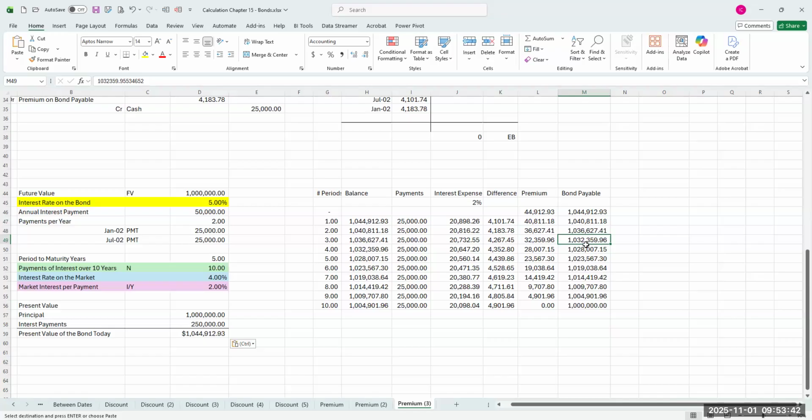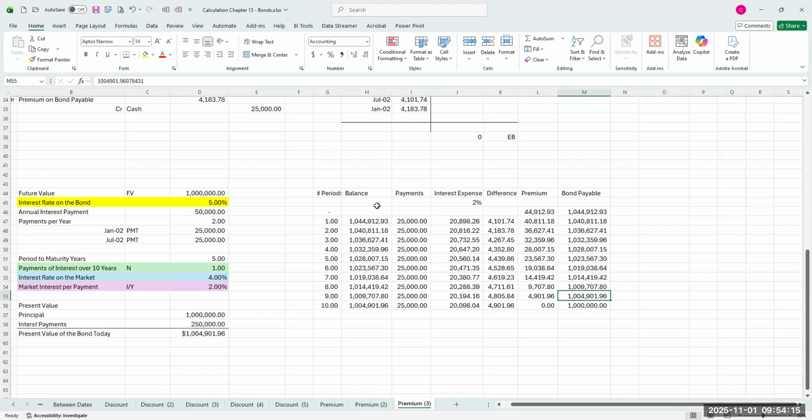Well, if I initially have 10 payments and I already did 3, how many payments are left? 7. So if I plug in 7, that amount should be equal to that amount directly. And it is equal. If I have only 1 payment left, the balance will be exactly here, because only 1 payment is left.